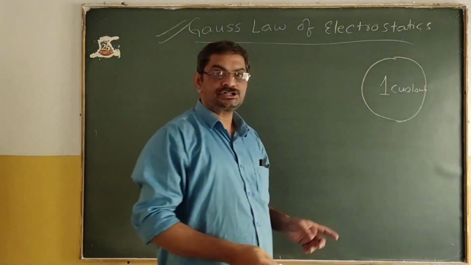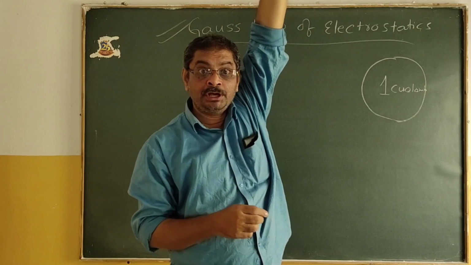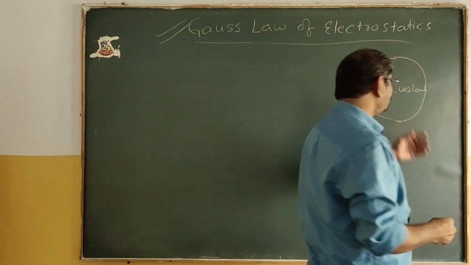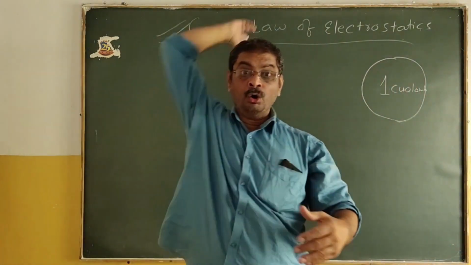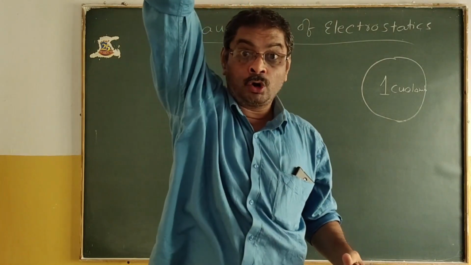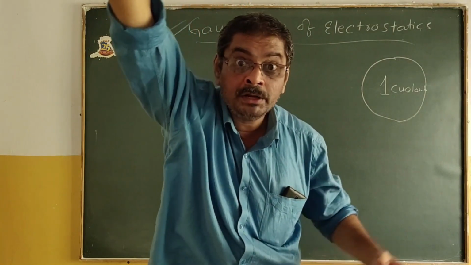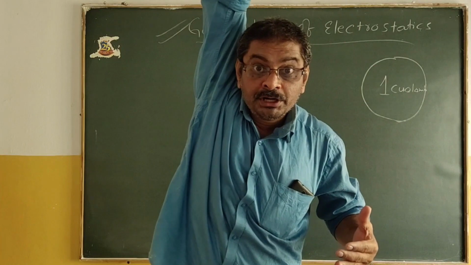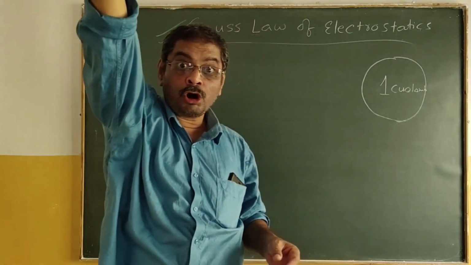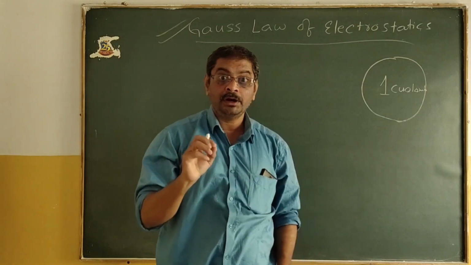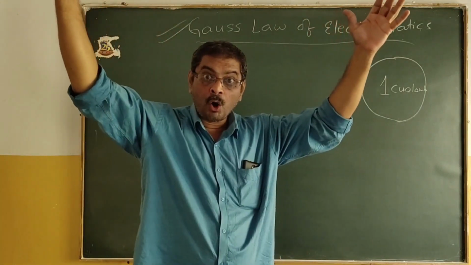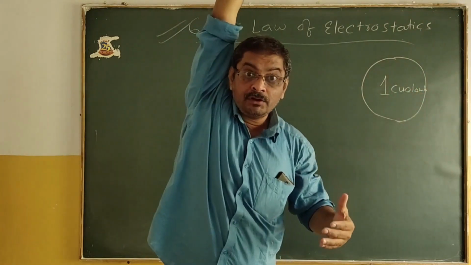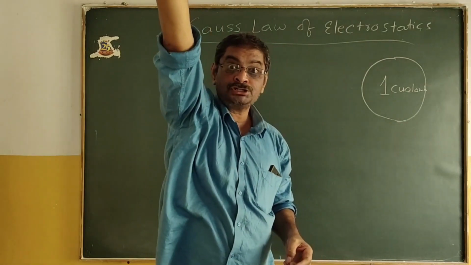Now can anybody tell me how many lines of force will be diverging out from the Gaussian surface?